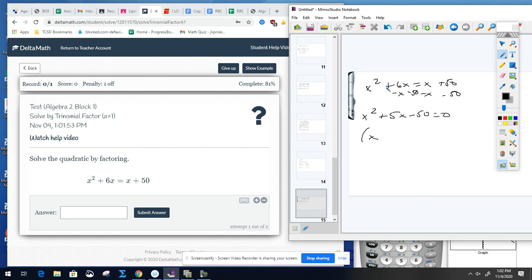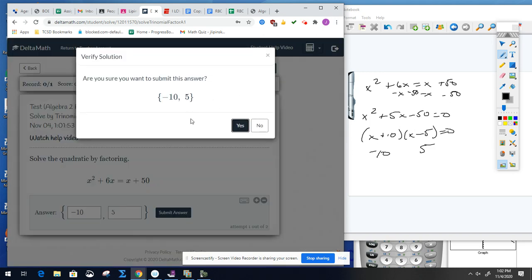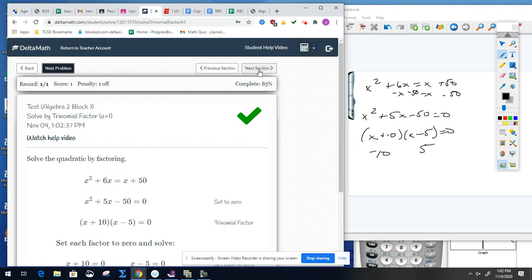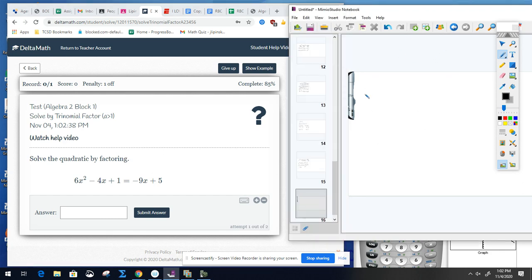Two numbers that multiply to negative 50 and add to 5 are x plus 10, x minus 5. And then the zero product property is just the opposite of these. So again, you can set them equal to 0 and solve it, but for the sake of time, I'm going to just tell you it's the opposite. Again, this is stuff from 4.4 that we did last week. So hopefully you remember some of that stuff. If not, go back and look at those notes.